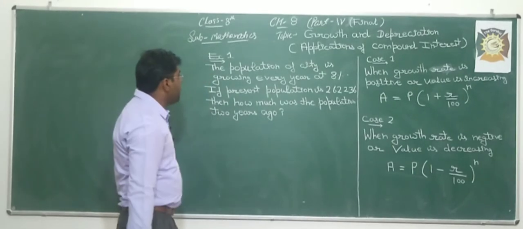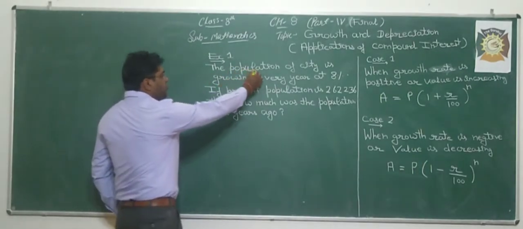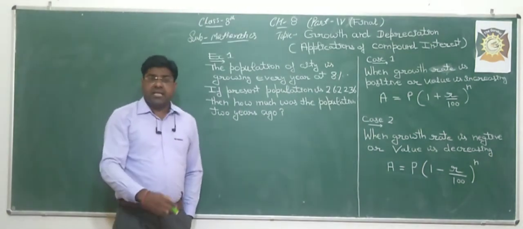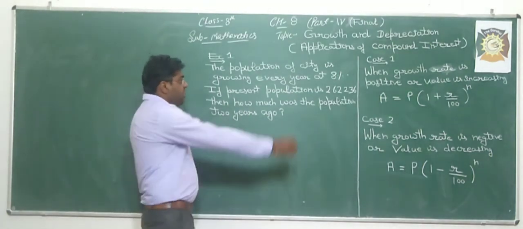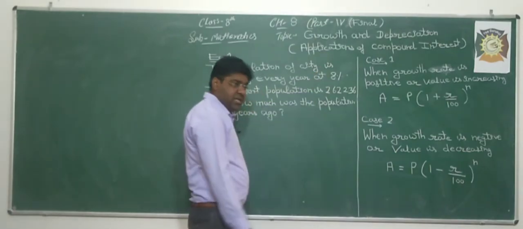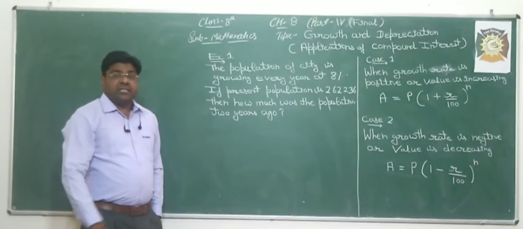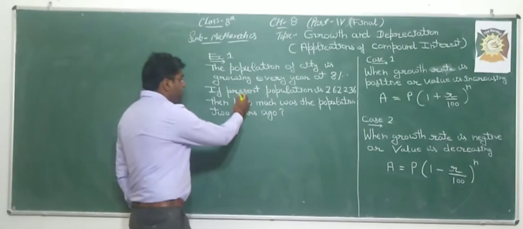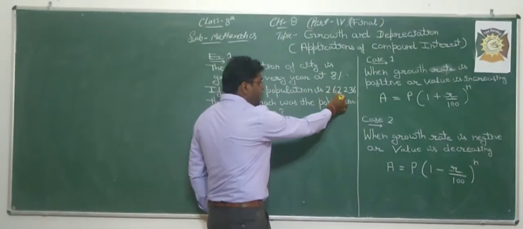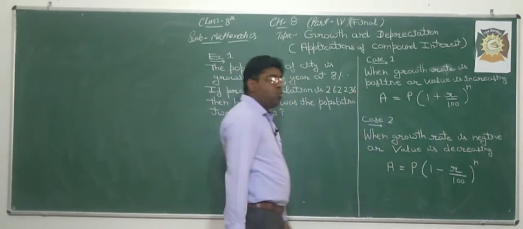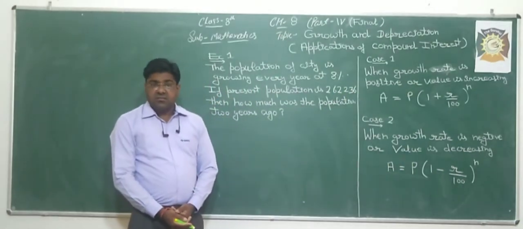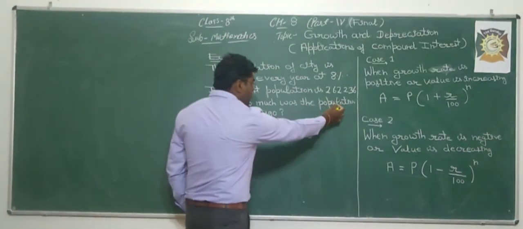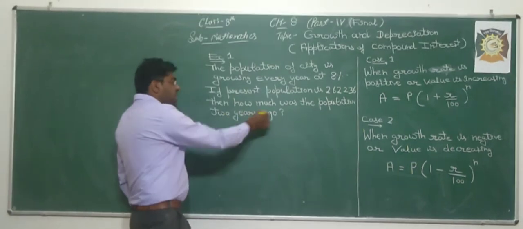So the first example I'm taking here: the population of a city is growing, that means it is increasing, every year 8%. That means 8% is increasing every year. If the present population is 2,62,236, then how much was the population 2 years ago?